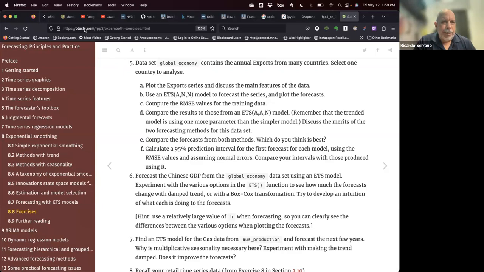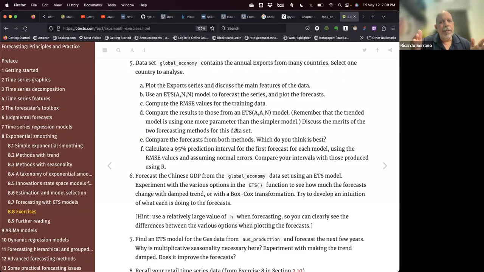This chapter is about exponential smoothing models. And in this exercise, we're going to practice some of the theory that we discussed in the previous sessions. We're going to use the global economy data set that is provided in the library of the textbook FPP3, and we're going to choose the annual exports from one of the countries in the data set.